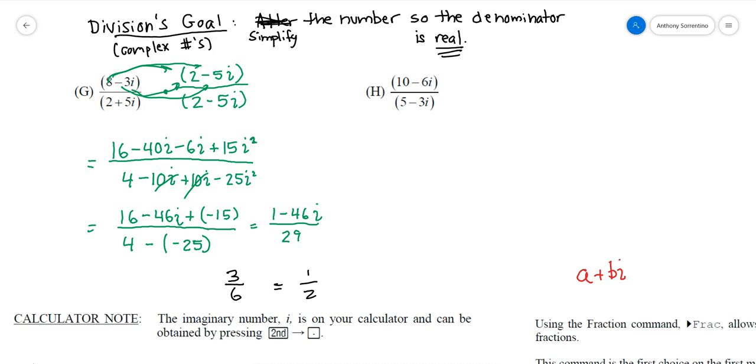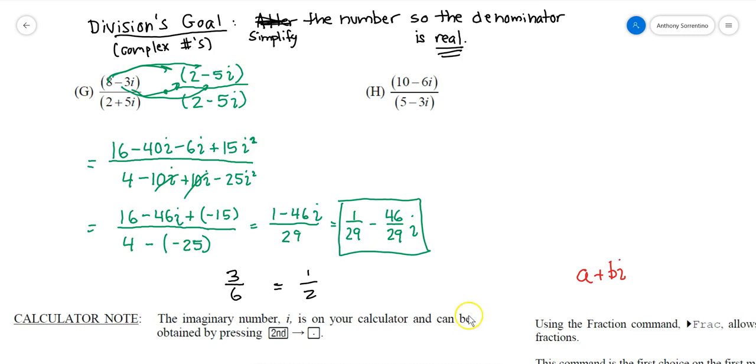So going back to some rules we used before, if I have two terms being divided by a single number, that division is distributive. So I can rewrite this as 1 over 29 minus 46 over 29i. And that is the correct answer.